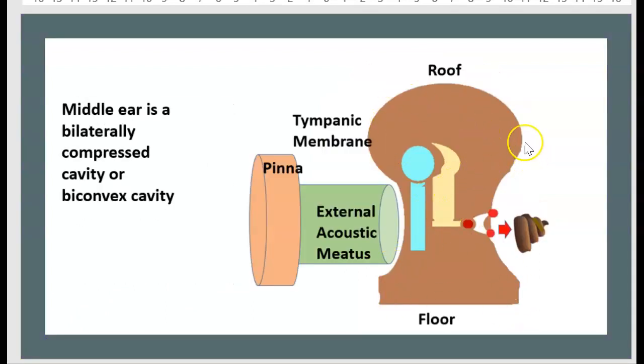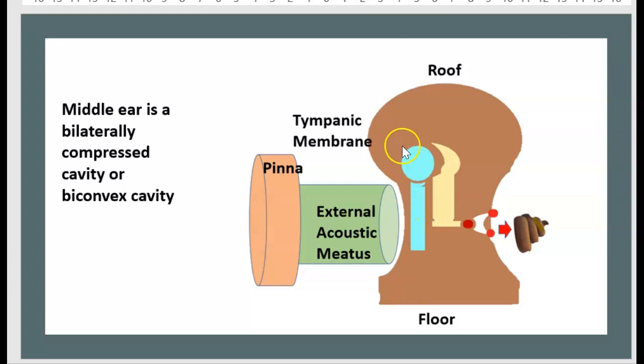Middle ear is bilaterally compressed. It's a biconvex cavity. Here is the pinna, the external acoustic meatus. Here is the roof, and here is the floor.